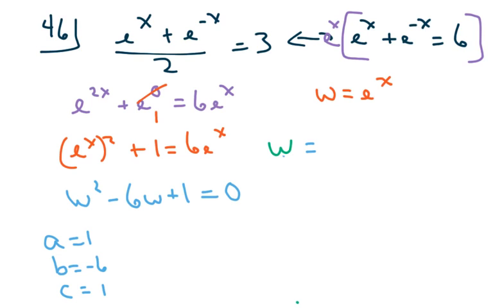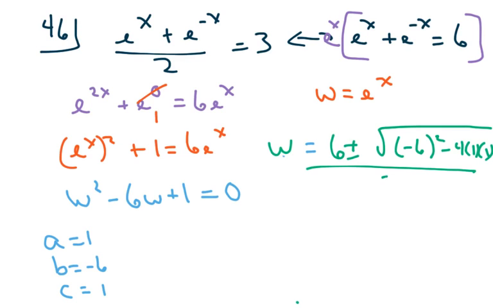W equals 6 plus and minus square root of -6 squared minus 4 times 1 times 1 over 2 times 1, which is 2. So we get w equals 6 plus or minus square root of 32 over 2.